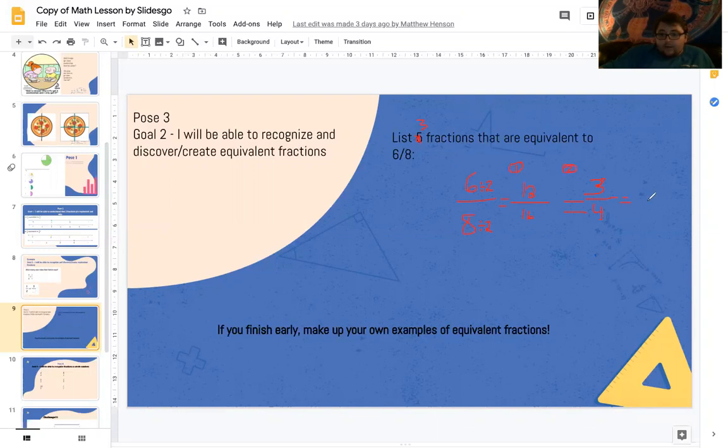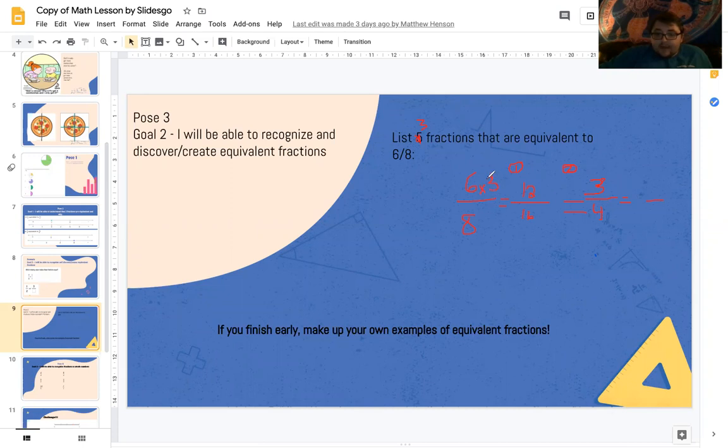So what I'm going to do is erase this real quick. All right. Now I've already multiplied by 2 and I've divided by 2. So now let's just multiply by 3. You can multiply by anything.